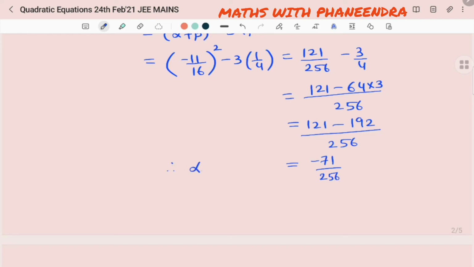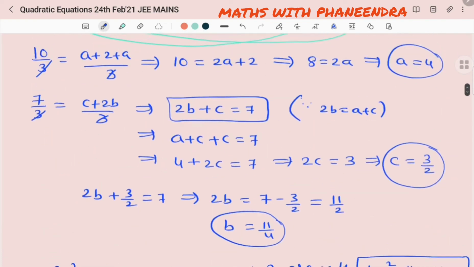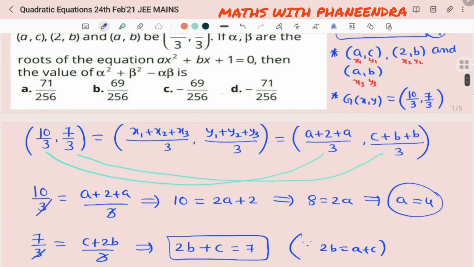Therefore, the value of alpha square plus beta square minus alpha beta is equal to minus 71 by 256, which is there in the fourth option. We'll move on to the next question, dear students.